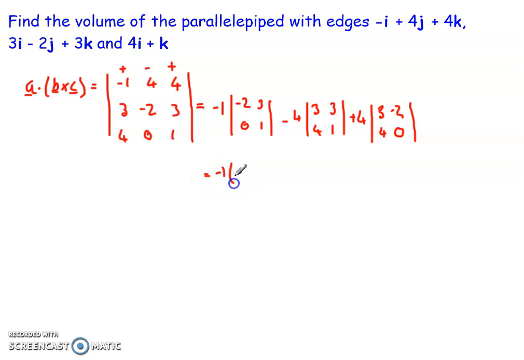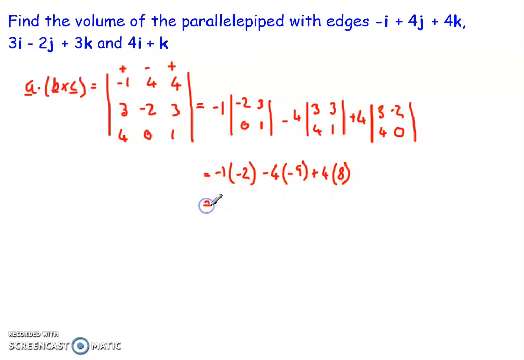So I've got negative 1 times negative 2, take away 0, so negative 1 times negative 2. I've then got minus 4 times, well, 3 ones, that's 3, take away 4 threes, so I've got 3 minus 12, so that's minus 9. I've then got plus 4 times 3 times 0 is 0, 4 times negative 2 is negative 8, so 0 minus minus 8. I've got 4 times 8 there.